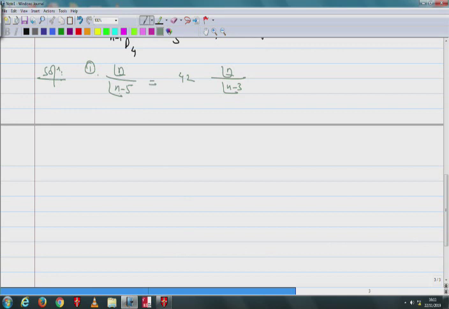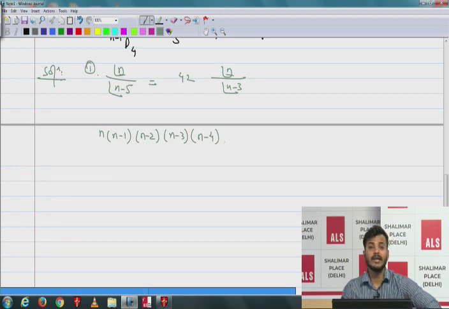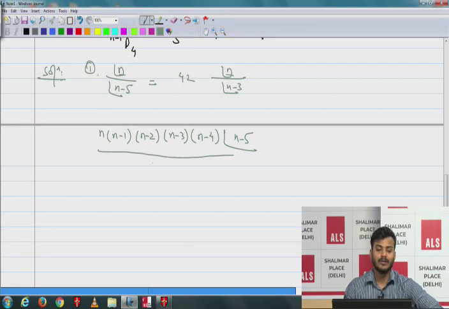Now, what is n factorial divided by (n minus 5)? You must remember this: n, n minus 1, n minus 2, n minus 3, one more, n minus 4, and then it will be (n minus 5) factorial onward. Divided by (n minus 5) factorial in the denominator.